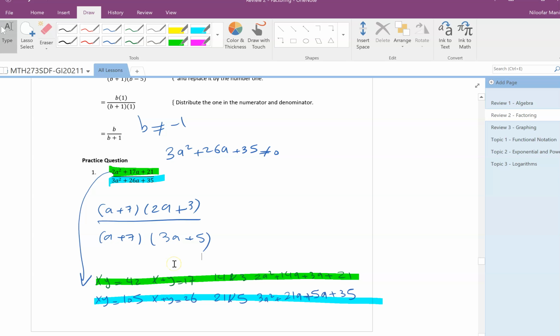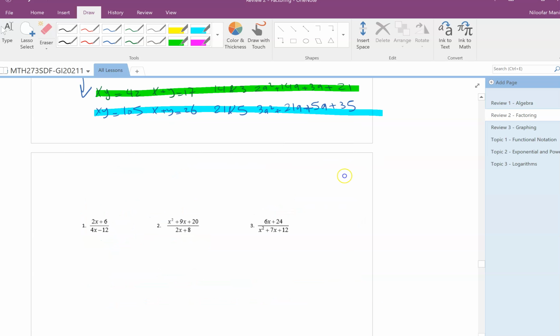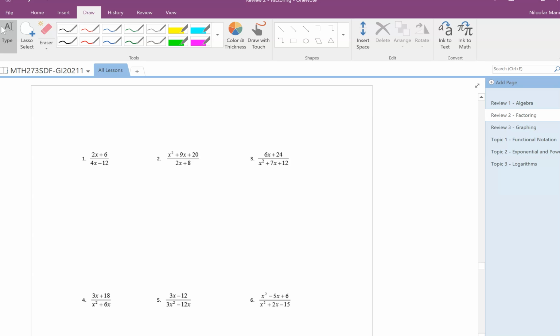Do I see something in common? I have to say denominator is not 0, but it has to be part of the question, not your fault. So this and this cancel. The answer is 2a plus 3 over 3a plus 5. I have to say a is not minus 5 over 3 because the denominator cannot be 0.